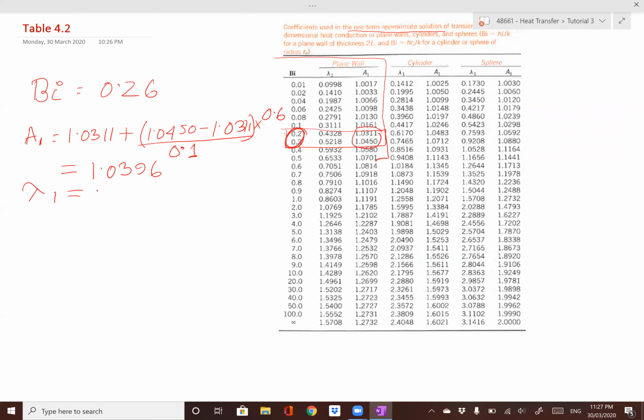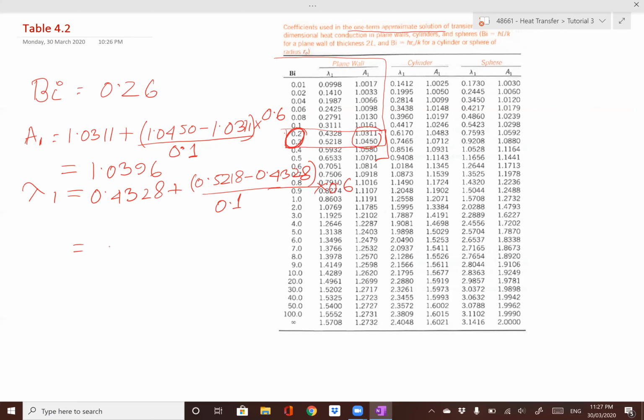Same thing for lambda 1. So first one is 0.4328 plus 0.5218 minus 0.4328, divided by 0.1, then times 0.6.